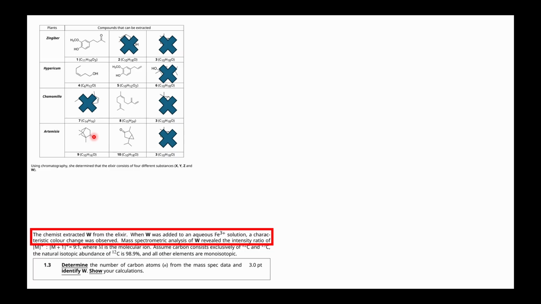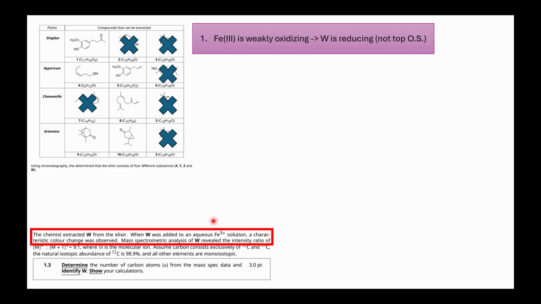Fe3 plus doesn't do much other than get reduced, so the thing you have is probably reducing.